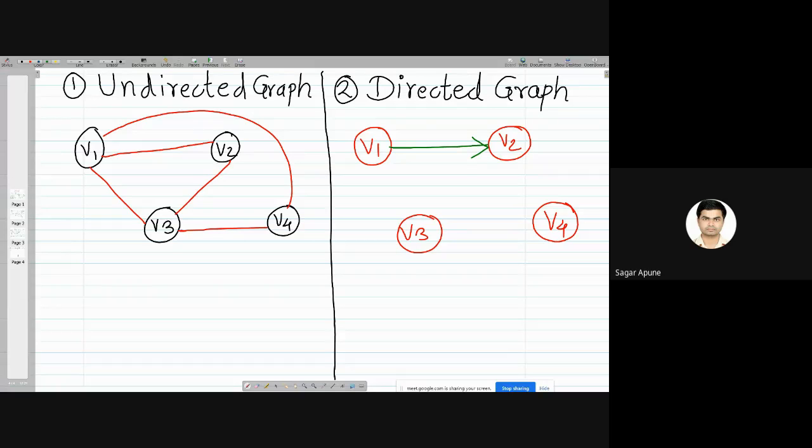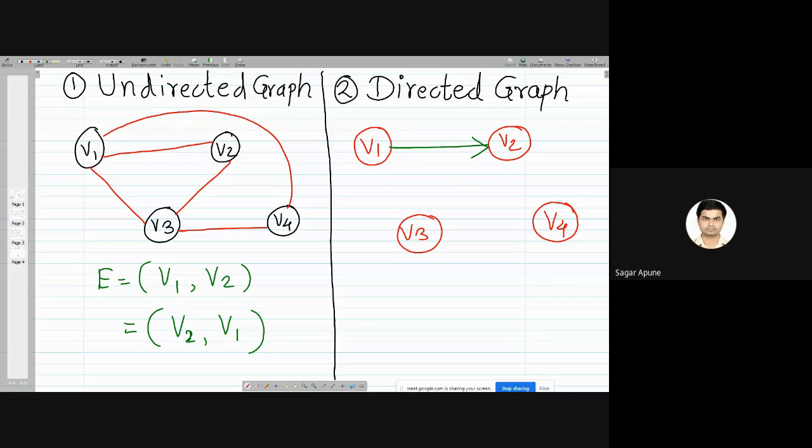But in an undirected graph, we can read the edge as V1, V2, right? Also we can read it as V2, comma V1. Okay.